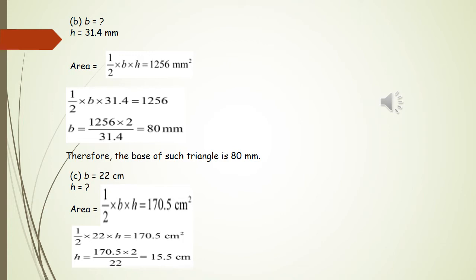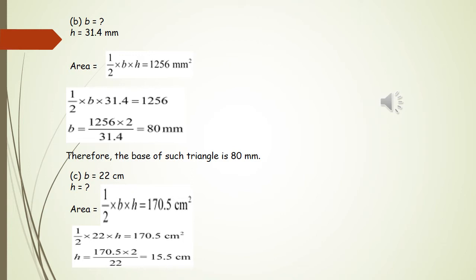So we substitute the value of height, half into base into 31.4 is equal to 1256. Base will be 1256 into 2 divided by 31.4, and if we calculate, we get the base of the triangle as 80 millimeter.